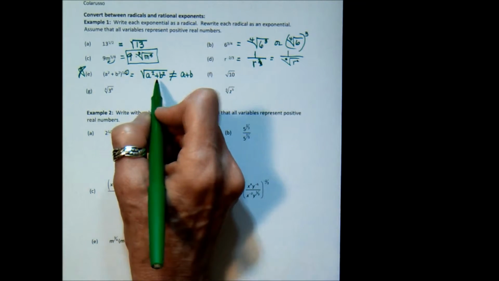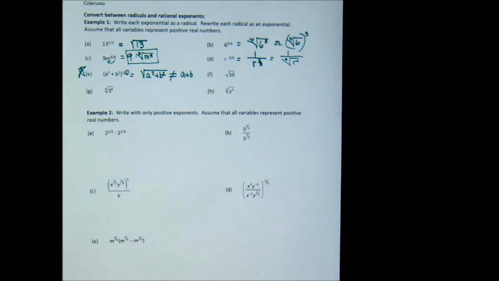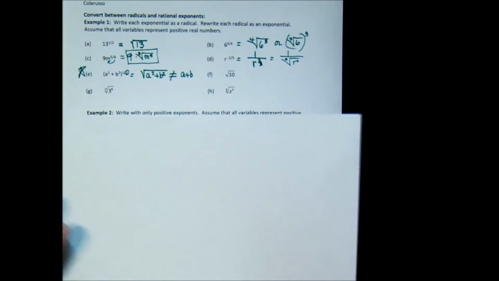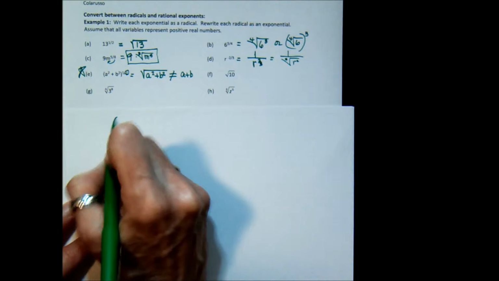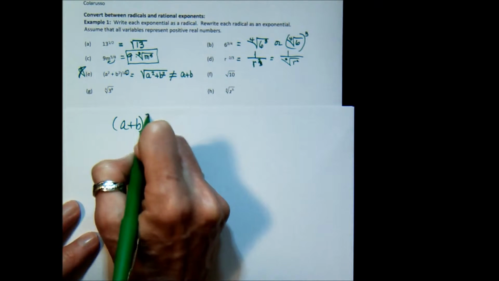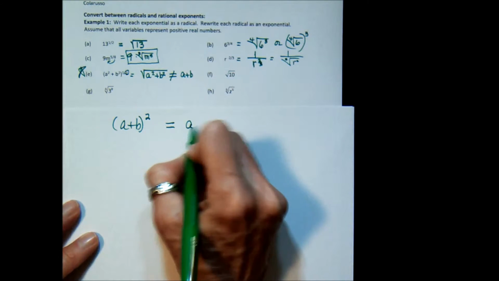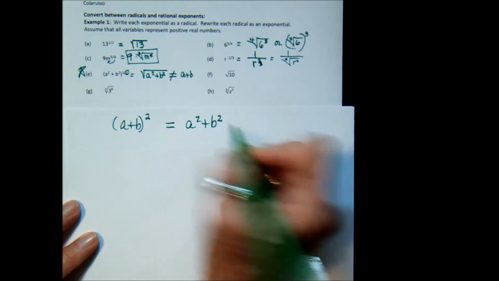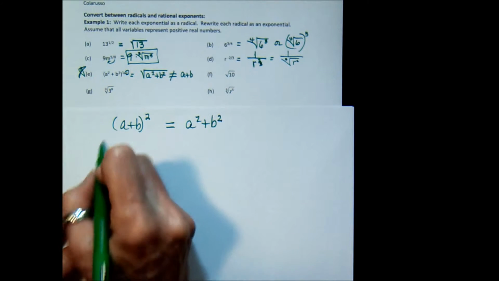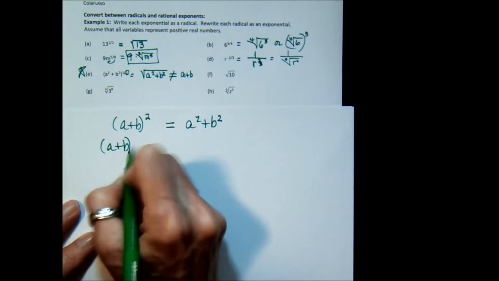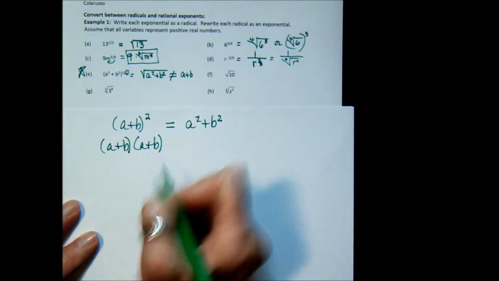Because if it did equal a plus b, let me show you something on another sheet of paper. If it did equal a plus b, then I would be able to take a plus b and square it, and supposedly I would get a squared plus b squared. Well, let's do that. A plus b squared means a plus b times a plus b.